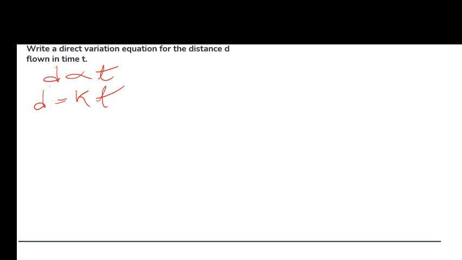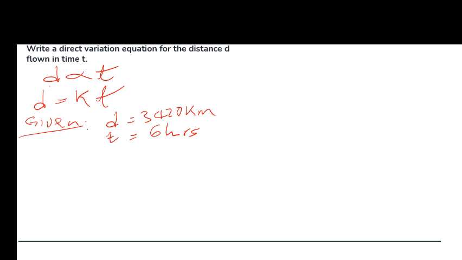We have been given the distance, which is 3420 kilometers, and the time, which is 6 hours. The question is to write a direct variation equation of distance d in time t.